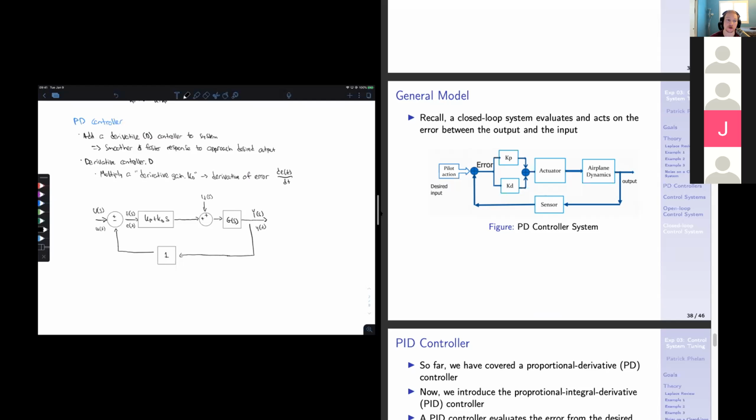We're going to specify what they have to do based off of the Ziegler-Nichols rules, and so we're going to apply some stuff here. And then we're going to have our actuator, which will implement those changes in our system. And then we have our airplane dynamics, which will be our transfer function. And then that'll go to our output. All right, so that's kind of the plan.